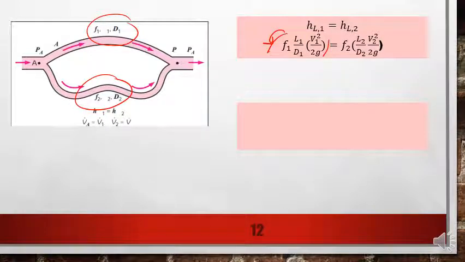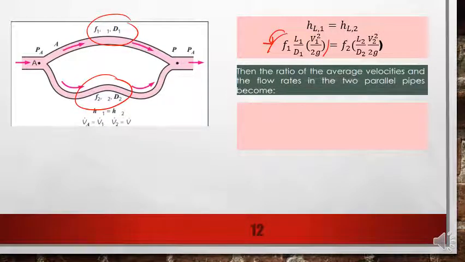Therefore, from this equation, we can make a ratio of the average velocities and the flow rates in each of the two parallel pipes. We want to know what is the ratio in part 1 and part 2, so we will arrange this equation.